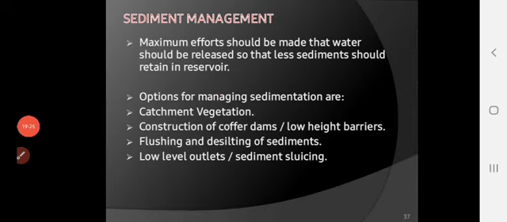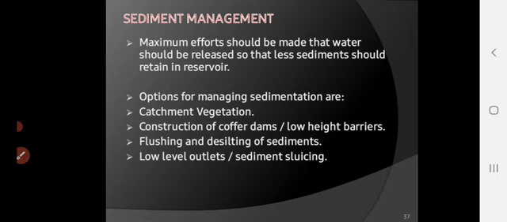So options for managing sedimentation are the catchment vegetation, as we have discussed earlier, that vegetal cover reduces the erosion and thereby we can reduce the sedimentation or sediments in the river, right? So increase vegetal cover to reduce erosion of soil and thereby reduce sedimentation.